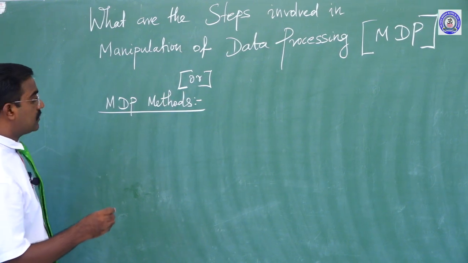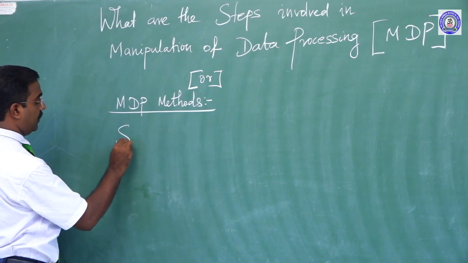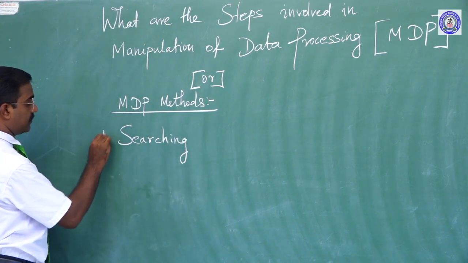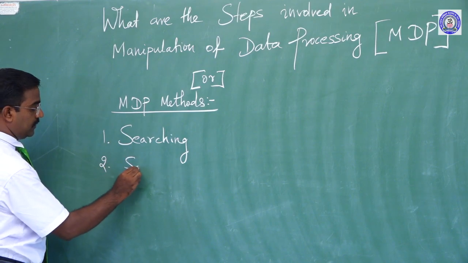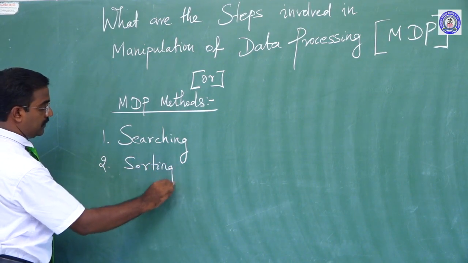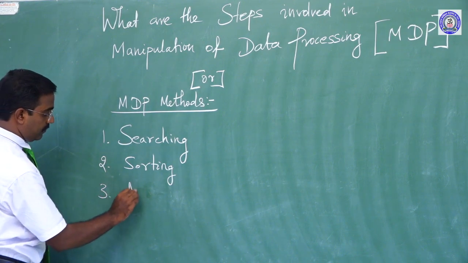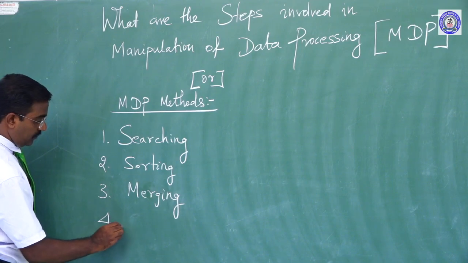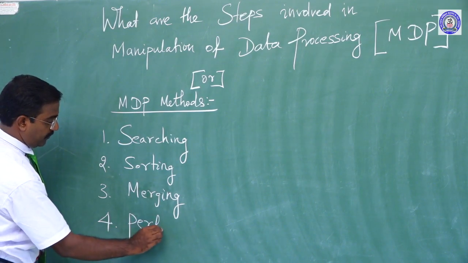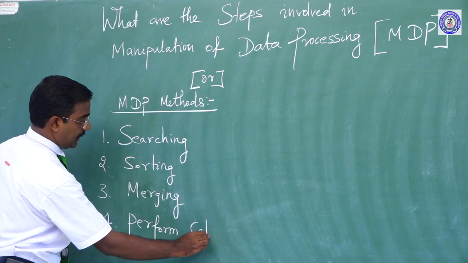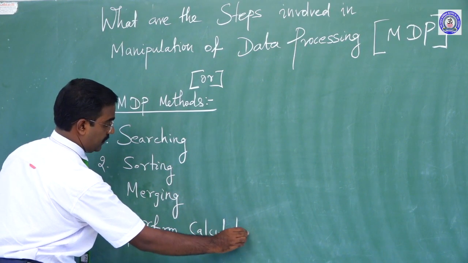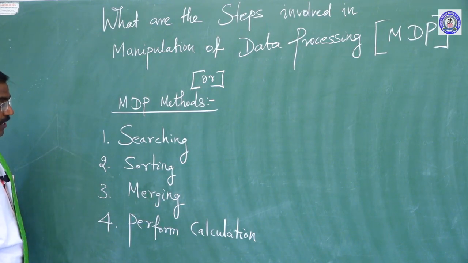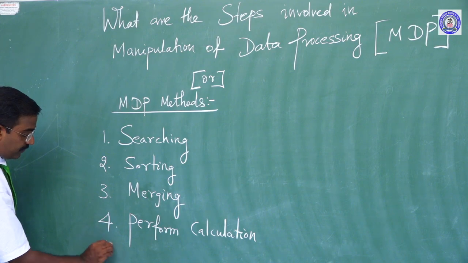In these MDP methods, the first one is searching. Second one, sorting. Third one, merging. Fourth one, perform calculation. Then filtering is the fifth.